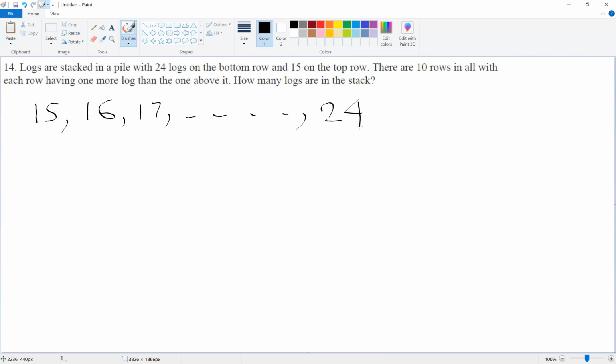No, it says the bottom has 24 logs and the top has 15. So the bottom has 24 logs, oh, that makes sense. The next one will have 23, the next one will have 22, and so on, all the way to 15.